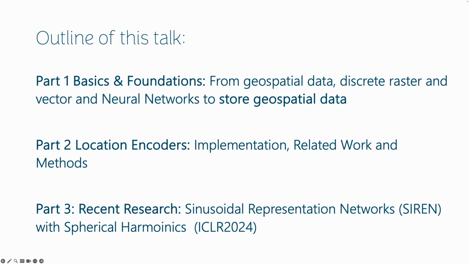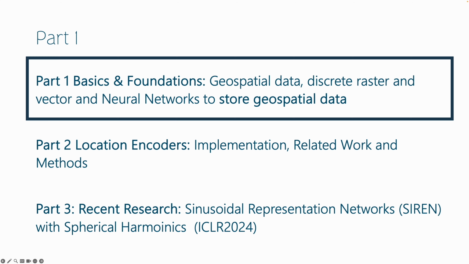In the second part, I will talk about how these neural networks are implemented and talk about a second line of research that has evolved in that direction as well, and that structures the way those are implemented in the form of a positional embedding and a neural network to store the underlying data. And then both research lines lead up to the recent work that we presented at ICLR this year. So I hope to give you a good overview on these 3 topics. So let's get started on the first one.